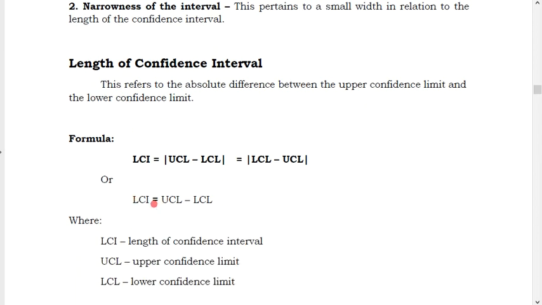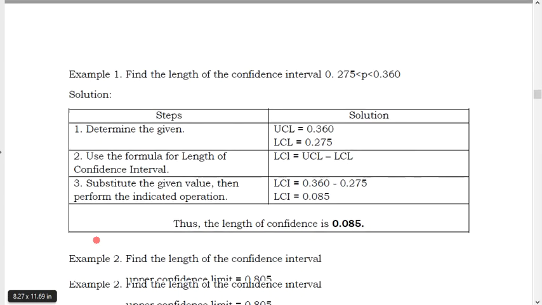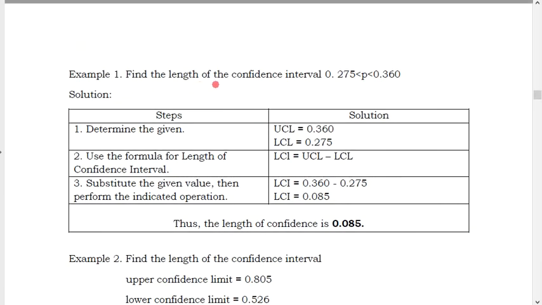Here is the formula to find the length of the confidence interval: LCI equals UCL minus LCL.